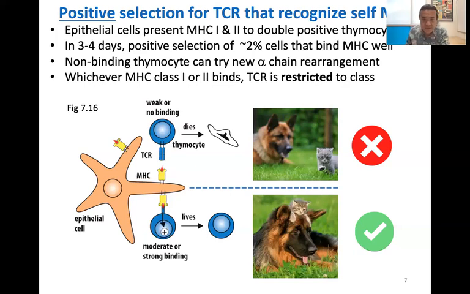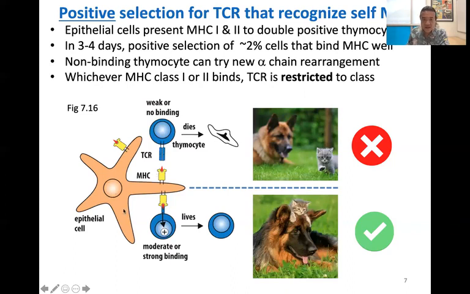So one of the first steps after a thymocyte has successfully made, let's say, an alpha beta T cell receptor here, is it needs to be selected for whether or not this T cell receptor can bind to MHC. So you can see in this scenario here, this developing thymocyte, its T cell receptor is the wrong shape to bind MHC.